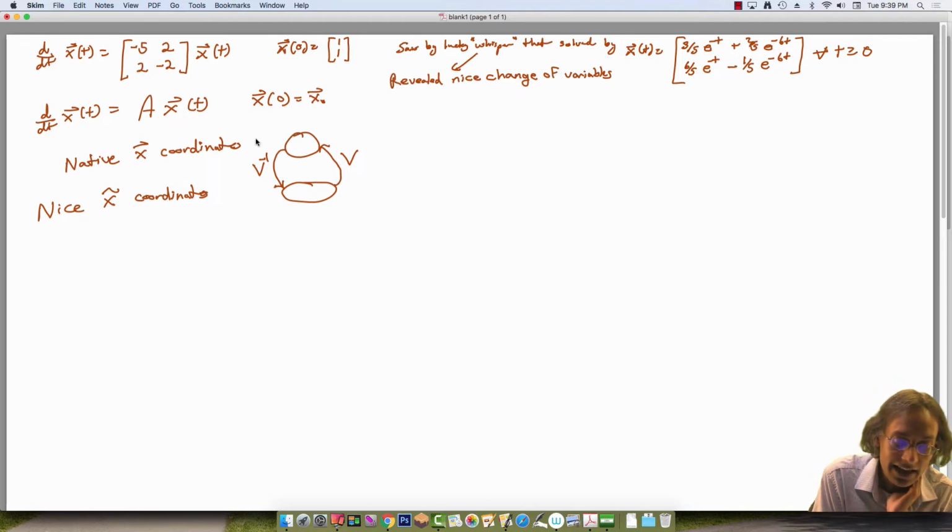Now, in the native x coordinates, we have a differential equation, something like this. And this differential equation tells us how to relate the variable to its derivatives.